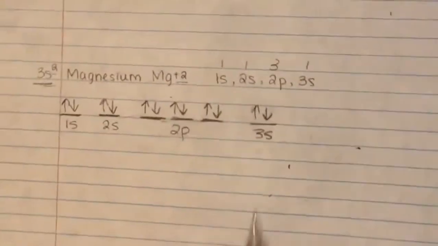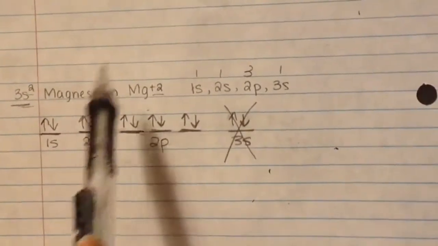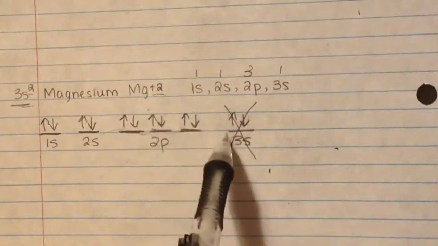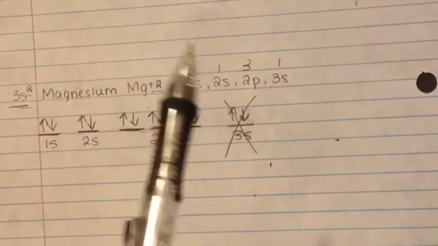Okay. So basically you just cross them out because it's plus 2, so you're subtracting 2. It's the same with potassium right here. When you have the arrows, you just subtract 1 because it says plus 1.